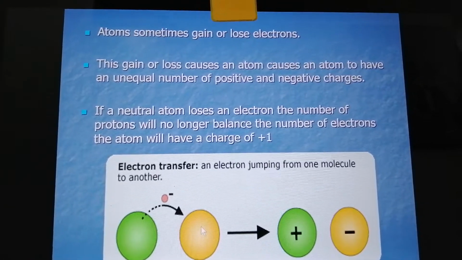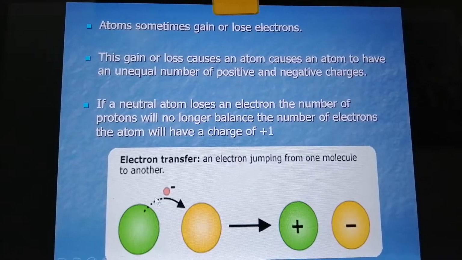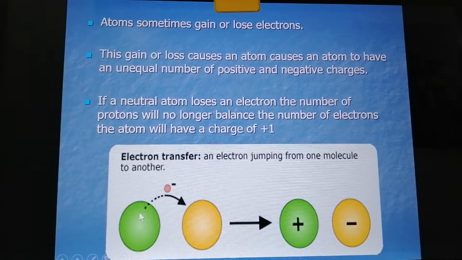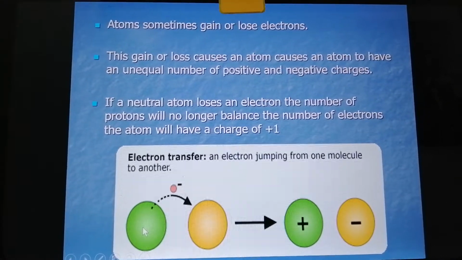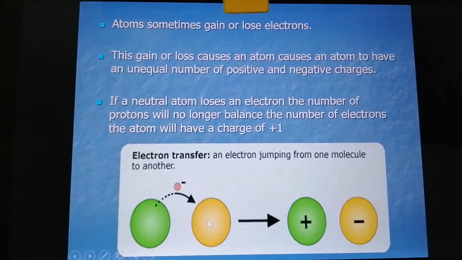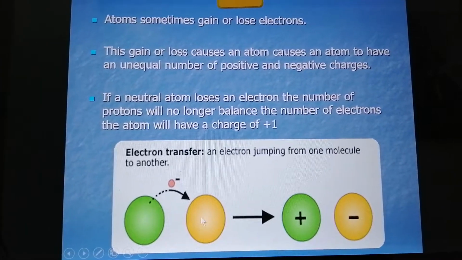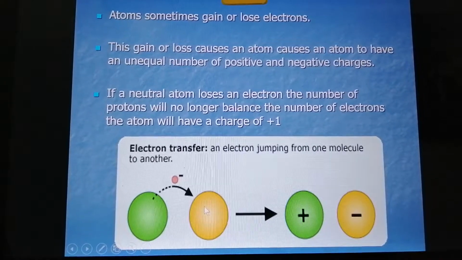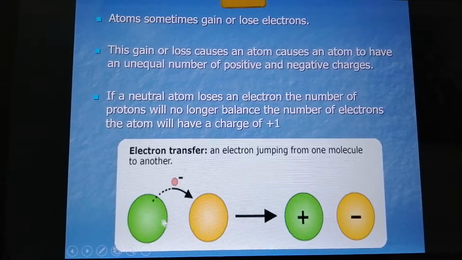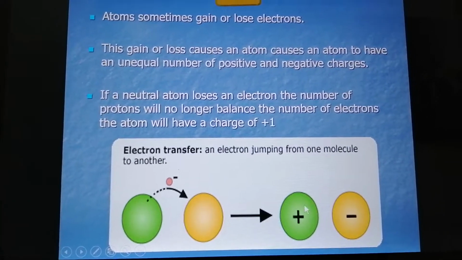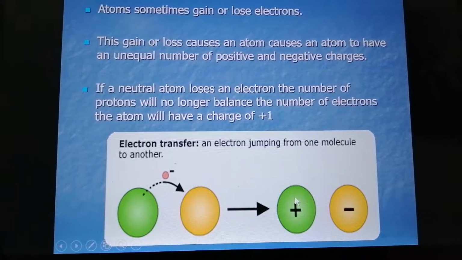It will give the yellow one one of its electrons. So now it is 2 electrons and 3 protons. And this one was also 3 and 3. It will become 3 protons and 4 electrons. So now the green one becomes 2 electrons and 3 protons.